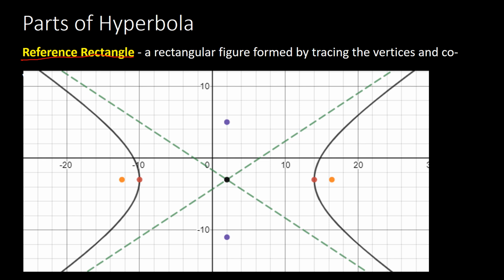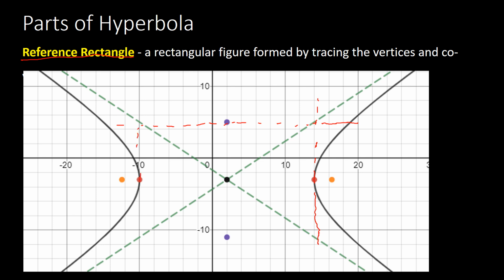To illustrate, the reference rectangle can be drawn by simply connecting our vertices and co-vertices: a line segment that passes through our co-vertices and a line segment that passes through our vertices, which forms a rectangle.